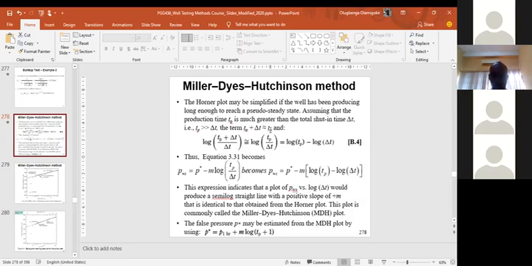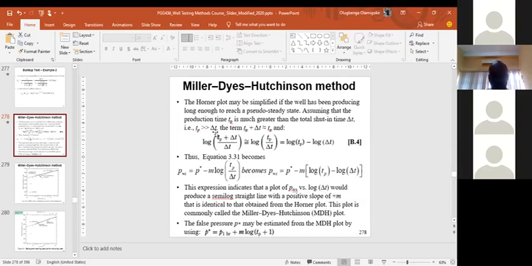Let's put some numbers to it so that we can flesh it out. Let's say to get to pseudo-steady state, we needed to flow the well for about 2,000 hours. And let's say our shut-in period doesn't go beyond 20 hours. So we can say that 2020 is almost equivalent to 2000.